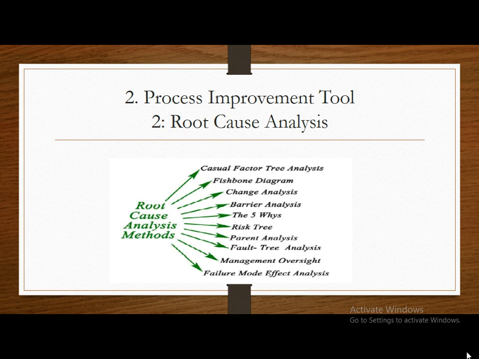So there can be causal factor tree analysis, fishbone diagram, change analysis, barrier analysis, five whys, risk tree, parent analysis, fault tree analysis, management oversight, and failure mode analysis or failure mode effect analysis.